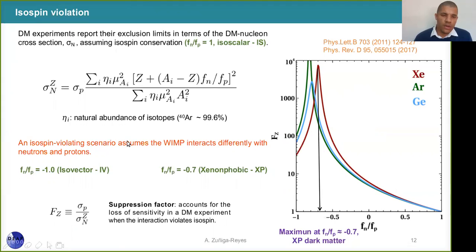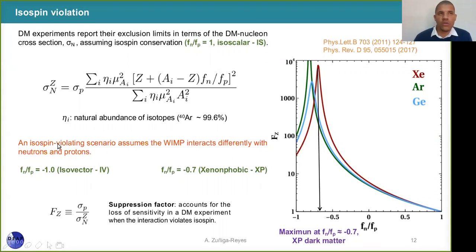I can say that an isospin violating scenario assumes that the WIMPs interact differently with neutrons and protons. And this is reasonable because the particular case when the couplings are equal is just a single case.